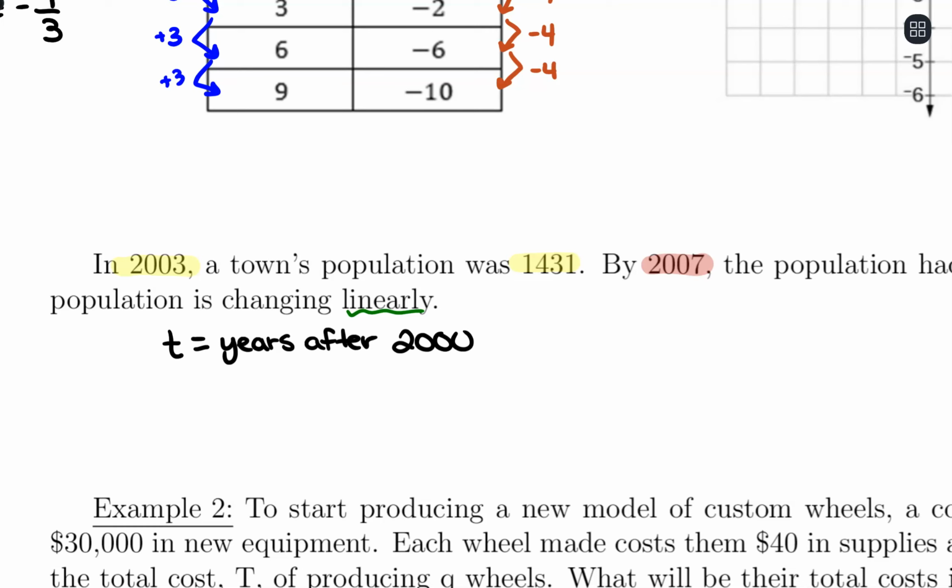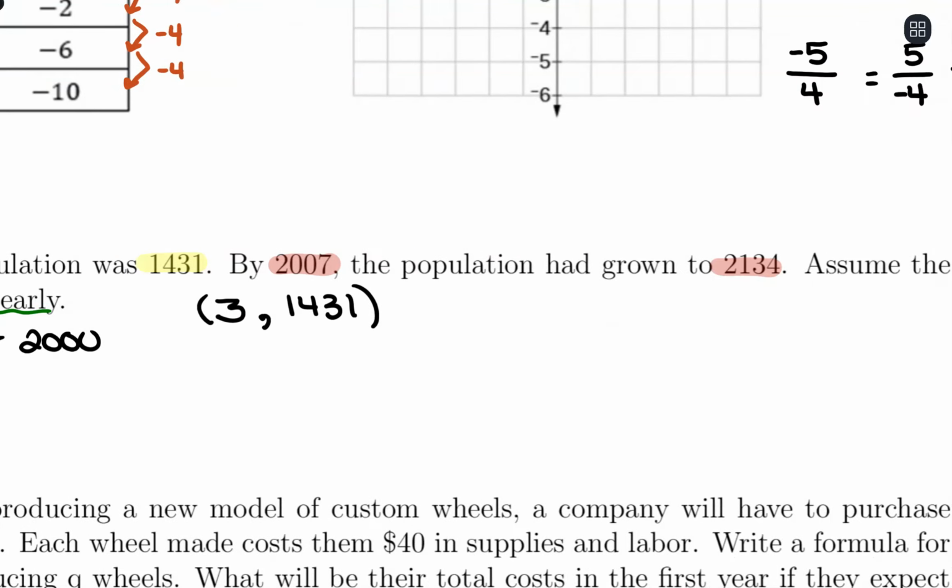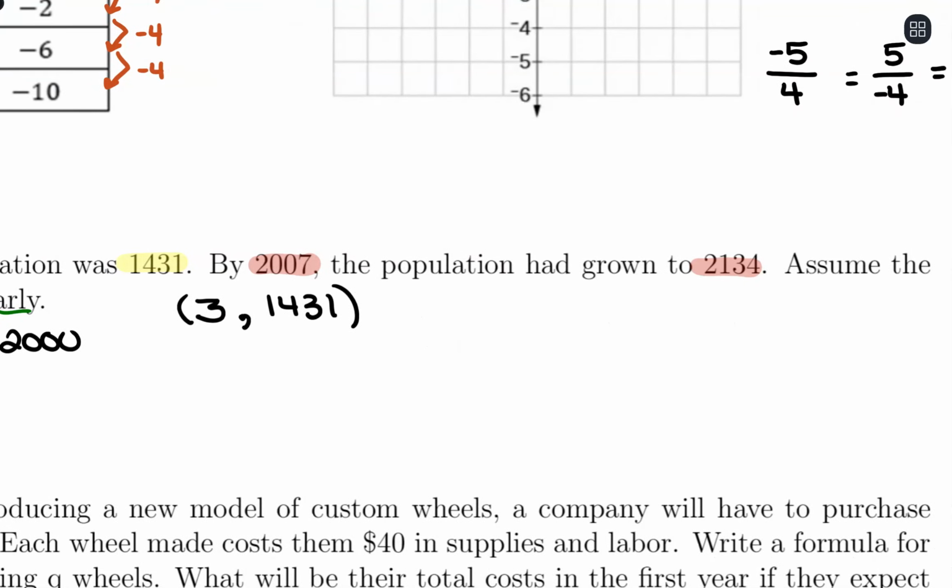So what that'll do to my coordinates: if I'm talking about 2003, when the population was 1,431, that would give me the coordinate 3, 1,431. It's just giving me x values that are easier to work with. And then 2007 would be year 7, and the population was 2,134.